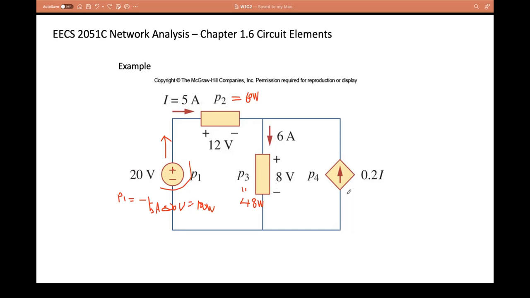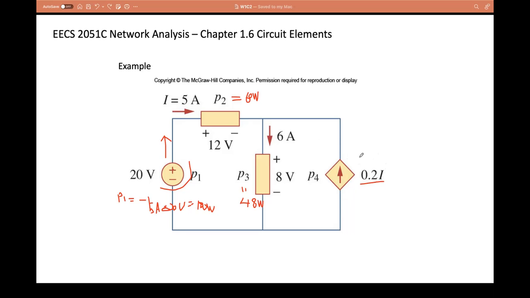Okay, P4. Obviously it's a source. What kind of source is it? We see a diamond shape, so it's a dependent source. And we also see an arrow inside this shape, so it's a dependent current source. This value is a current value. And what is I? I is 5 amps here.